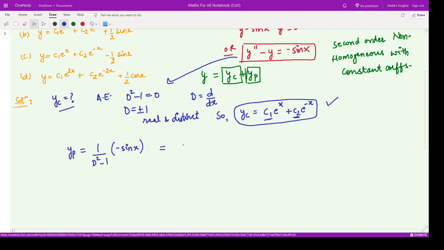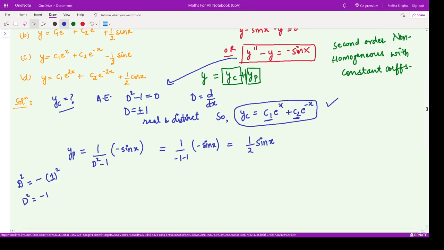And what you have to do in this case is that you just have to replace this d square with the negative of the square of the coefficient of x. The coefficient of x is 1. So basically you will just replace d square with minus 1. So let us do it. 1 upon minus 1 minus 1, sine of x, which is 1 by 2 sine of x, right?